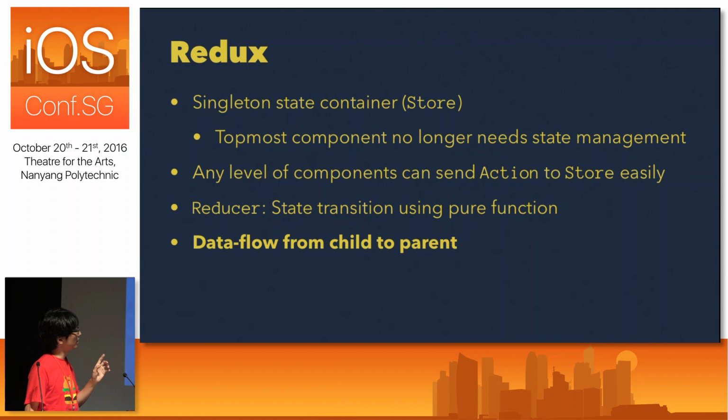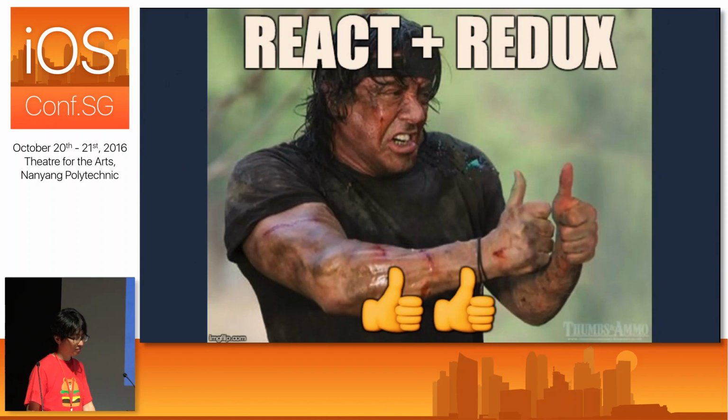By combining React.js and Redux, the data flow will be fixed now, and the number of scattered states are now gathered into a singleton container. Also, the idea is very familiar and fits the functional and immutable world. So I think this is really a breakthrough architecture.